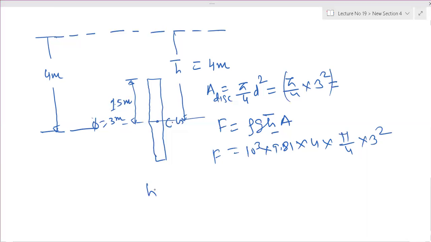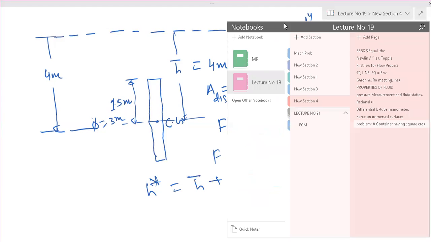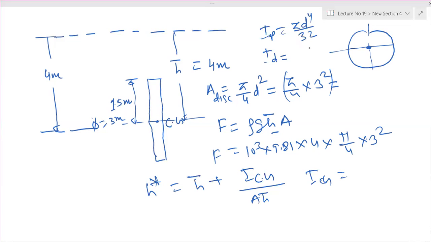Now let us calculate H star. H star is H bar plus ICG divided by A H bar. ICG of the disc: you have this disc, with a diametrical axis and one axis this way. Polar is pi d4 by 32, but about the diameter it is pi d4 by 64, half of this.